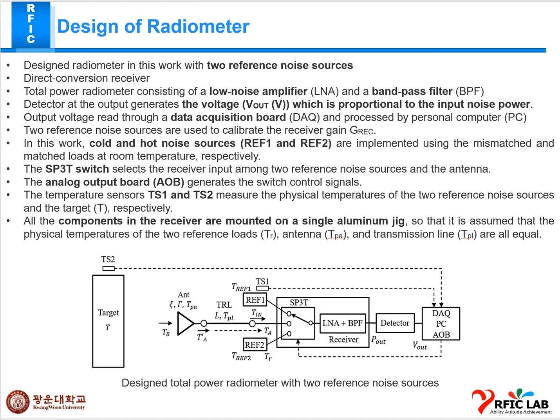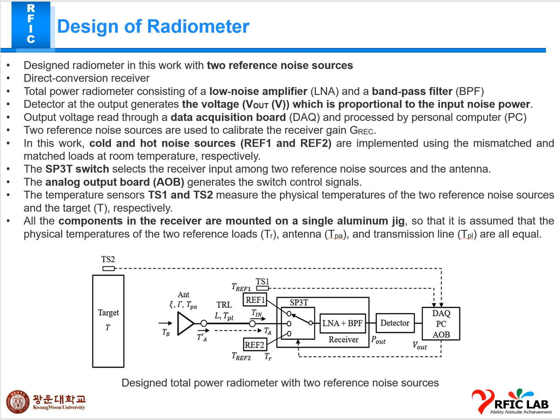One is the cold and the second one is the hot noise source, using a mismatch at room temperature, and they are connected through the SP3T switch, and after that they are used along with the antenna and the receiver.